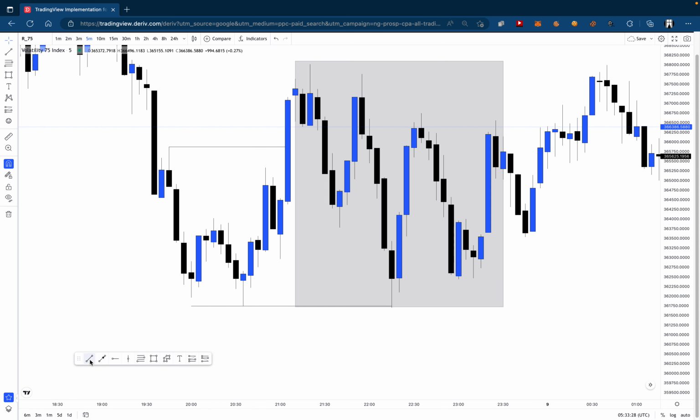What does that mean? It means we can project it into the future, and there we have our entry. We have our entry right on this move.